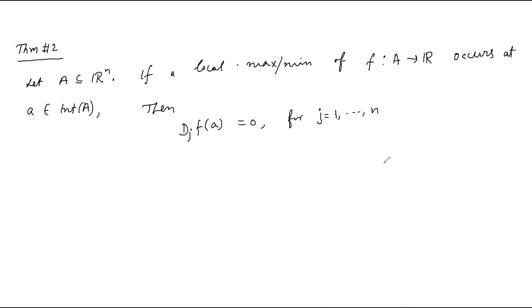So all the partial derivatives are 0 at a point of local maximum or minimum.